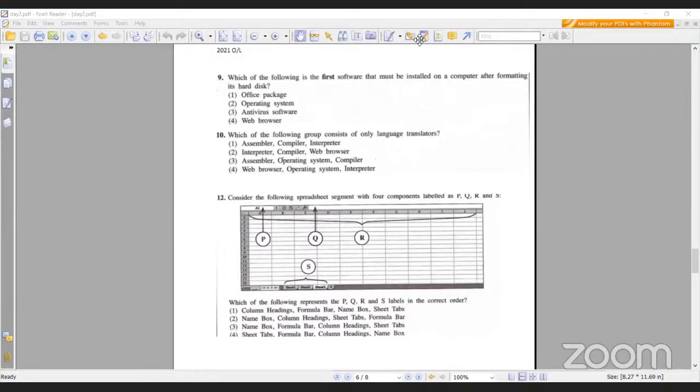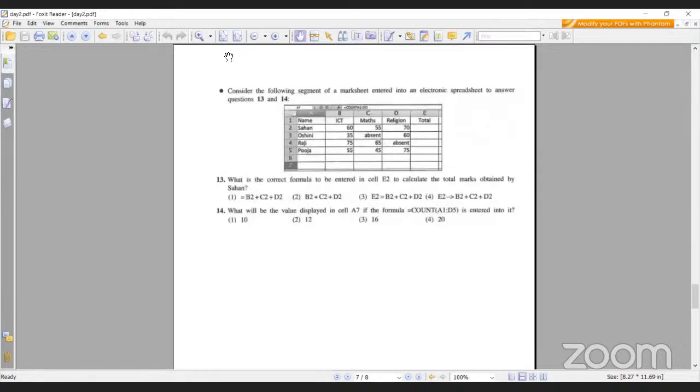Okay. Then 13 and 14. Okay, what is the answer for 13?